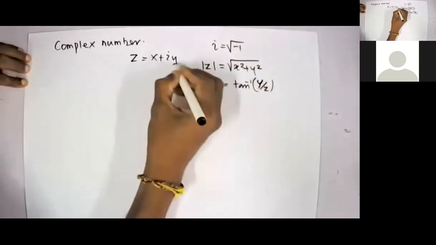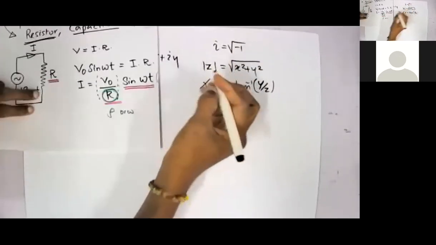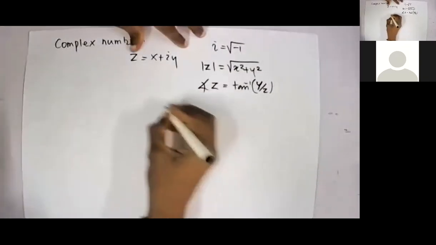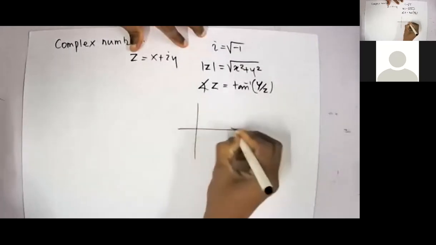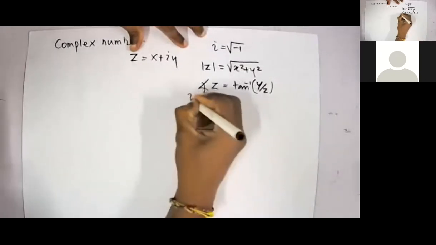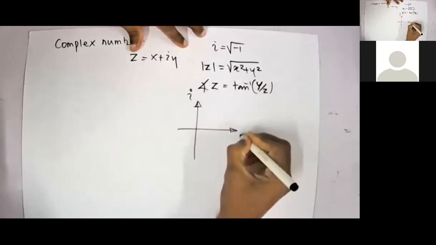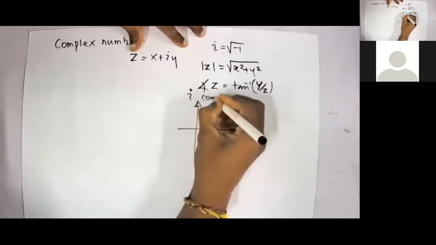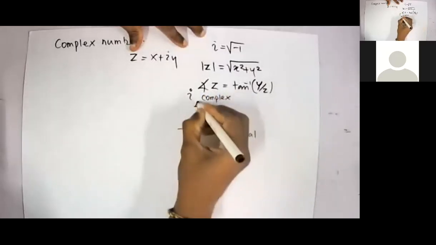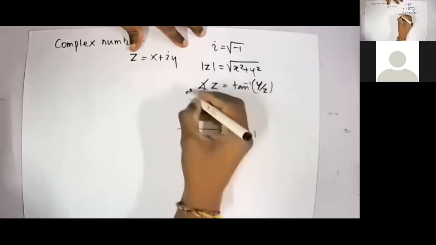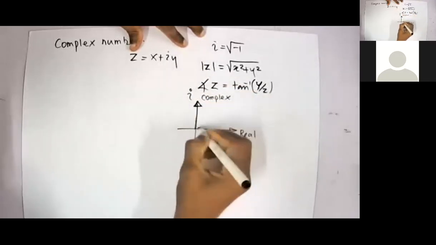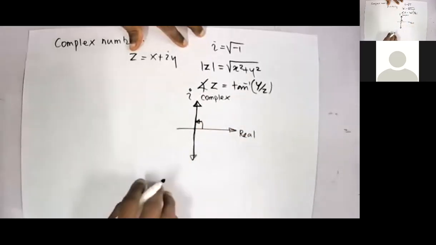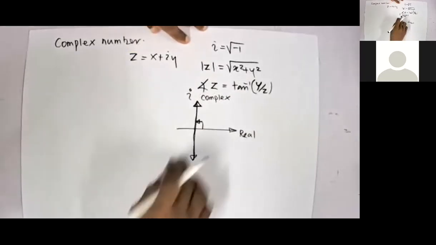Why I have i here is, of course, if I have a 90-degree phase shift and I represent that in complex coordinates, this will be i. This will be the real number, and this is complex. I can represent my 90-degree phase shift, plus i, through this one, and then minus i through the negative axis.